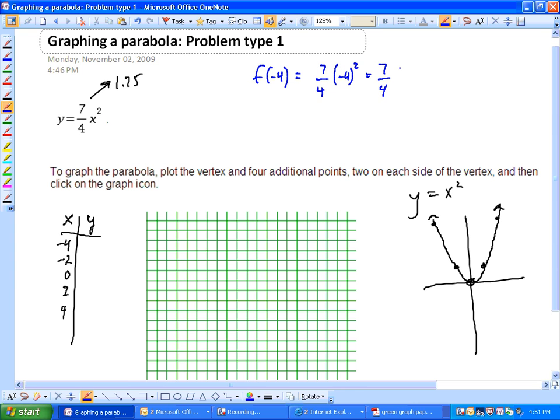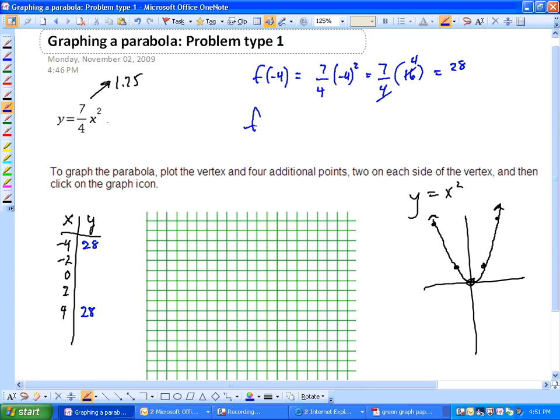That's 7/4 of 16. 4 goes into 16 4 times. And now it's 7 times 4, which is 28. That's really big. So that means it's -4 comma 28. But because of the symmetry, it's also 4 comma 28.